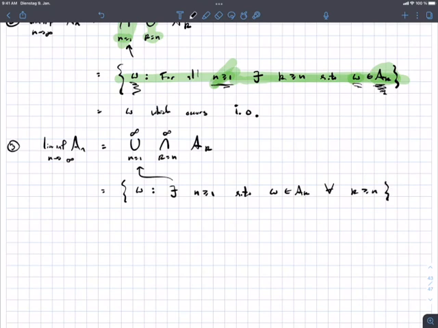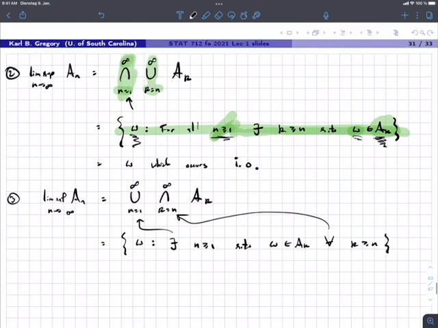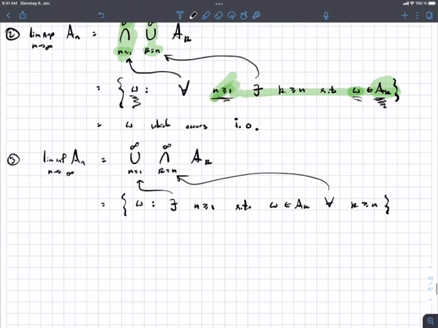Okay, and this for all is pointing back to this intersection. So maybe I'll put here, for all, that's the intersection, and there exists points to the union.